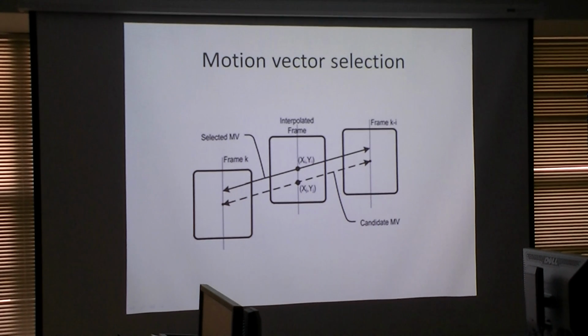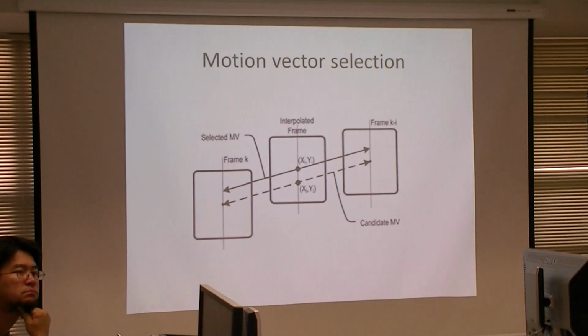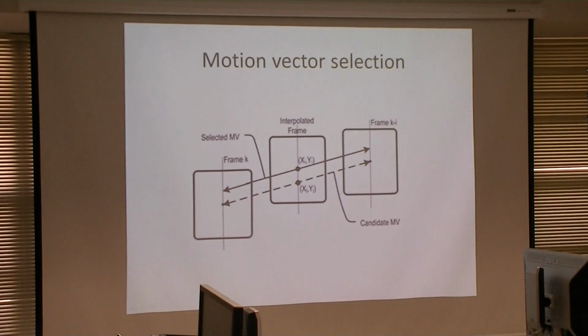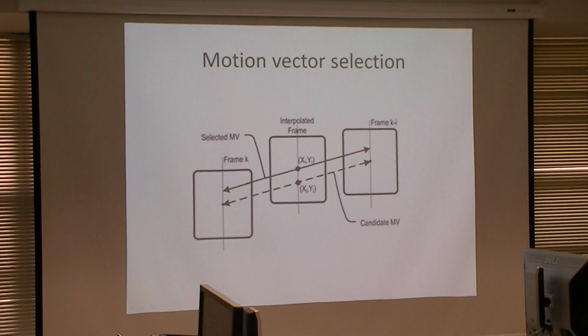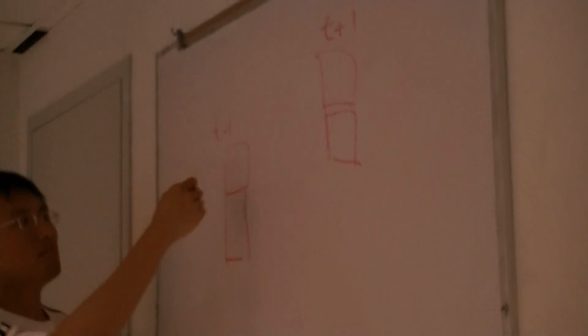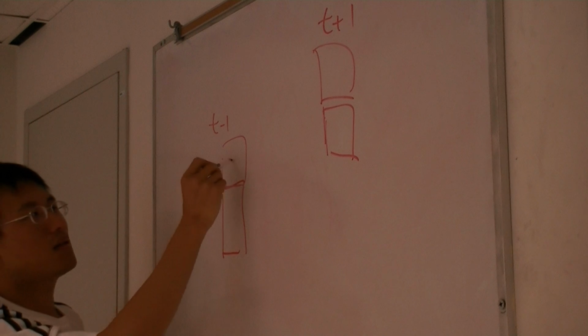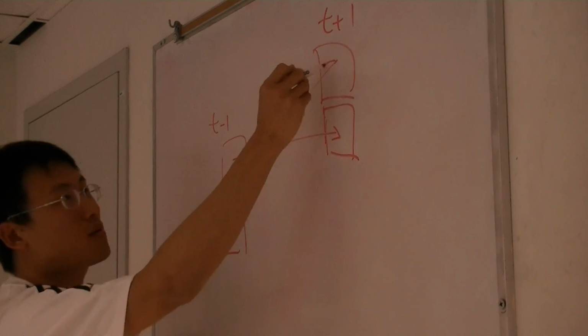For example, this is the frame t minus 1. This is the frame t plus 1. There are some macro blocks here, and this block matches to this block, and this block matches to this block.